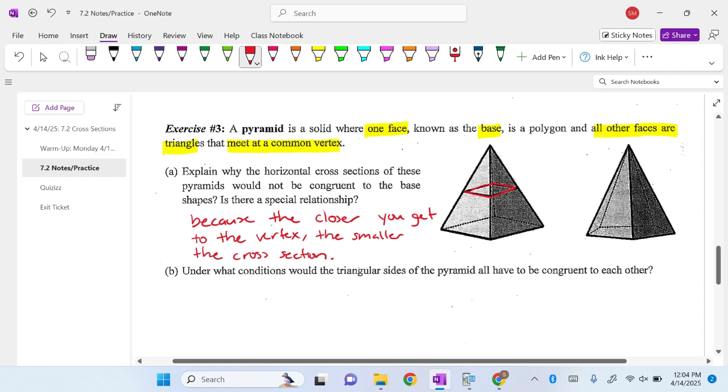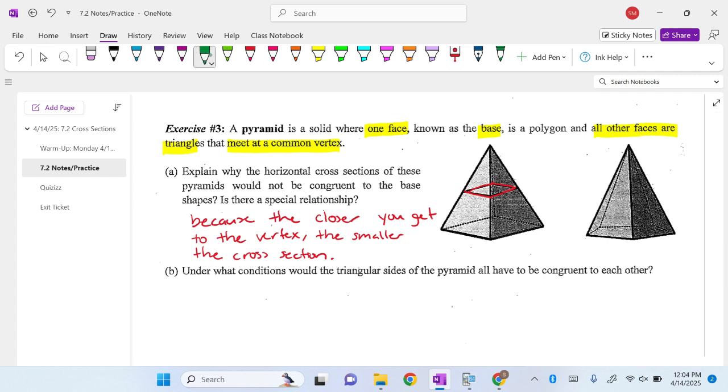You guys remember similar? Similar triangles. All right. So they are similar. So they're not congruent, they're similar.